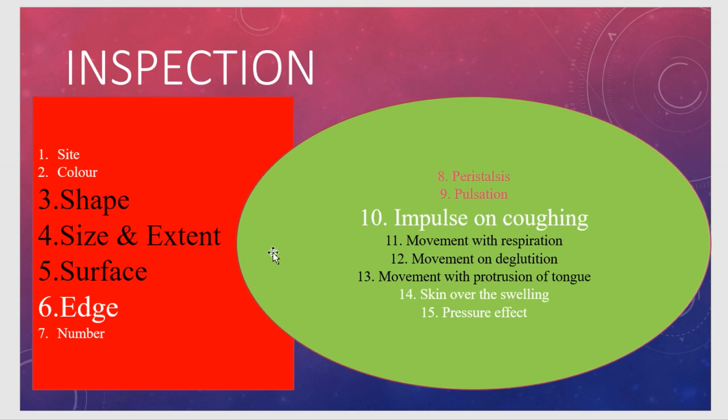These are the 5 important points out of 16 points in palpation that were also present in the inspection part: shape, size, surface, edge, and impulse on coughing, right? Rest of the things, the small fonts, are not there in the palpation part.